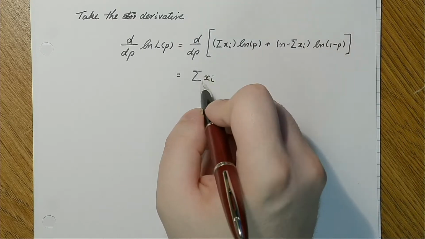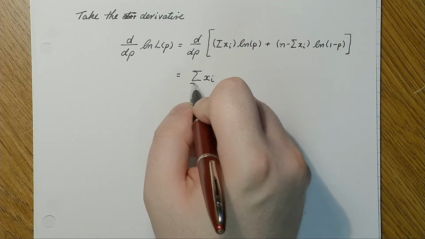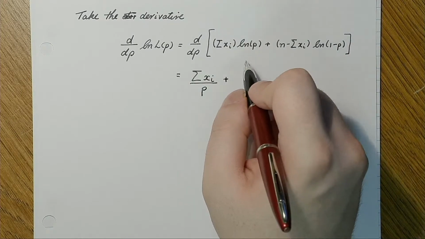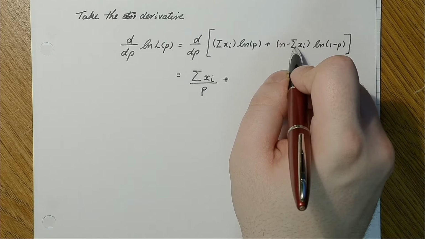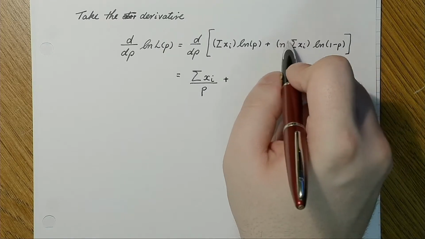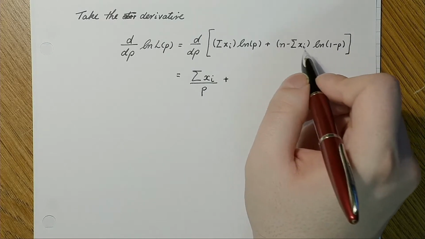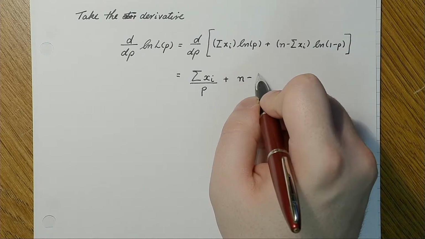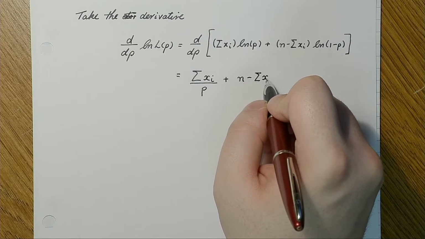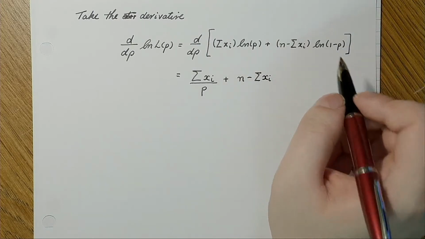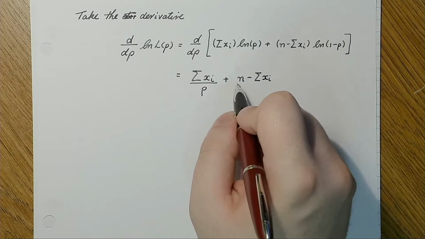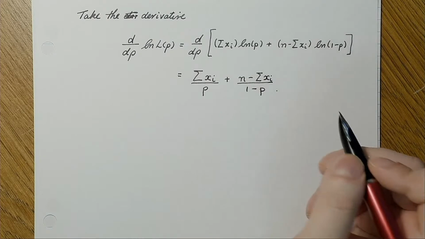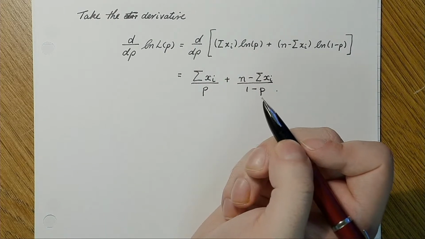Yep, 1 over p. I'm just going to write the summation right over here as just p. Good. And same thing over here. I have this term n minus the summation of xi. From a derivative standpoint, that's a constant, so we'll leave it as is. And taking the derivative of ln of 1 minus p is just 1 over 1 minus p. So there's our derivative.